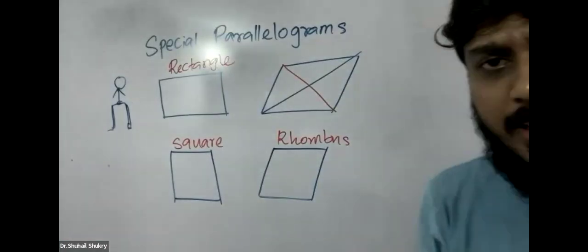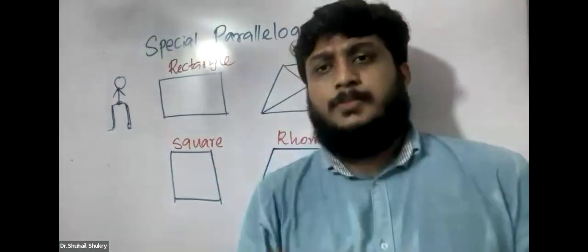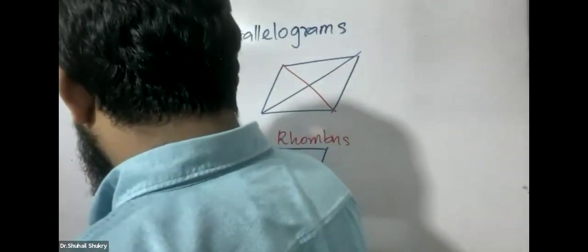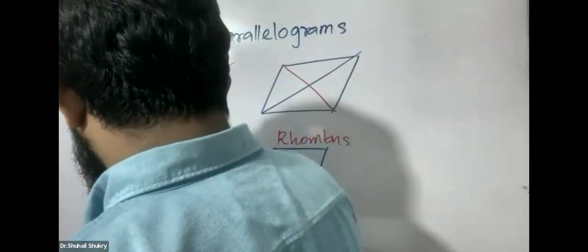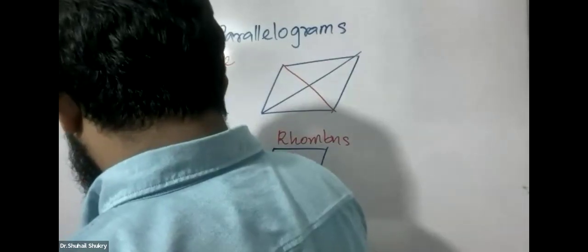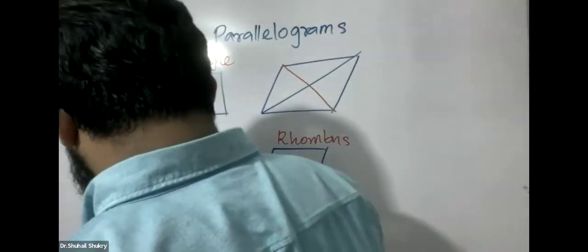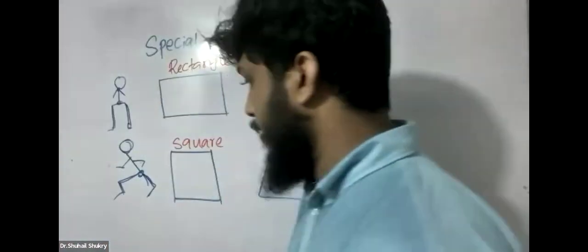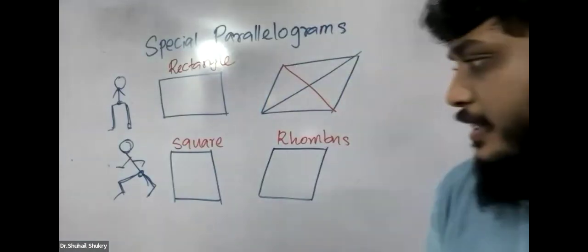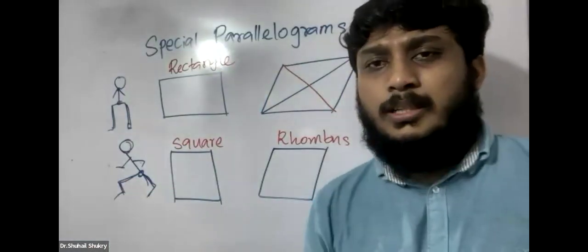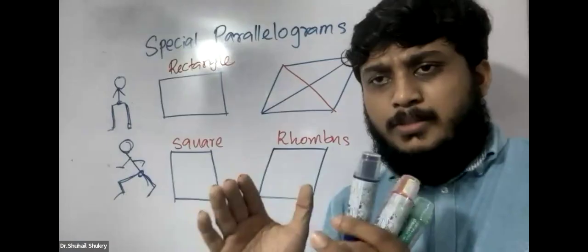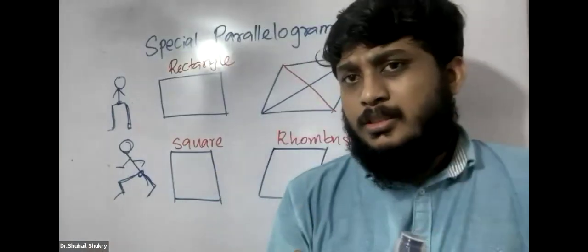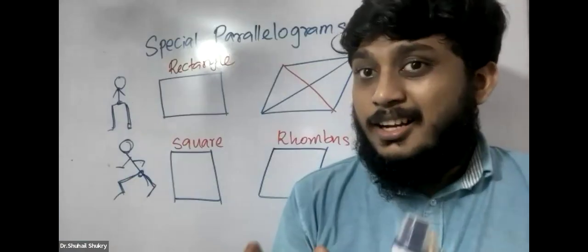So when he is standing straight, the legs are equal. At the same time, just imagine a man dancing or something. One leg is like this, another leg is like this. Then what will happen? When he's slanted, his legs are not equal in length. So remember, when a person is slanted, their lengths are not equal.